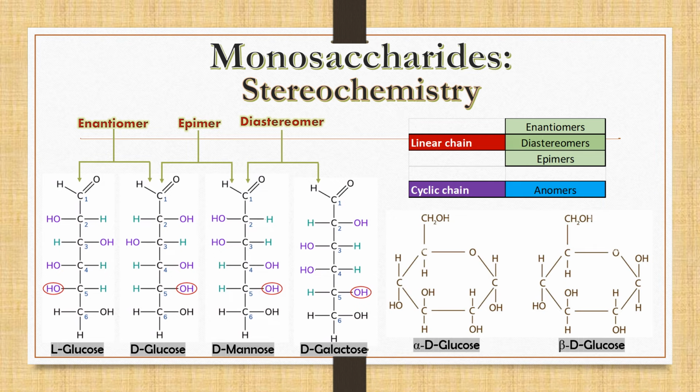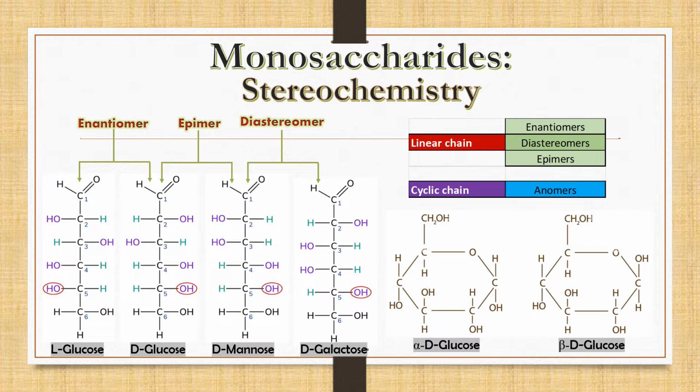So we have mentioned enantiomers. We have other types of stereoisomers in monosaccharides. Carbohydrates exhibit various stereochemical features due to the presence of chiral centers, particularly in monosaccharides.